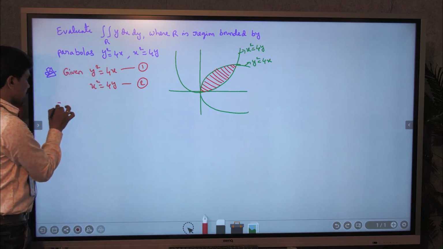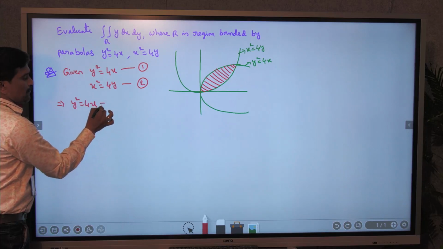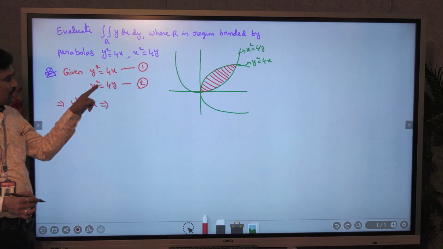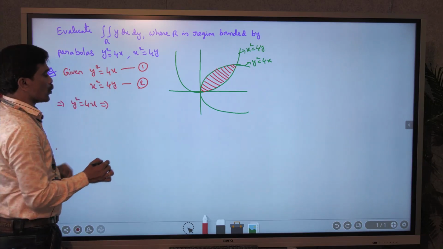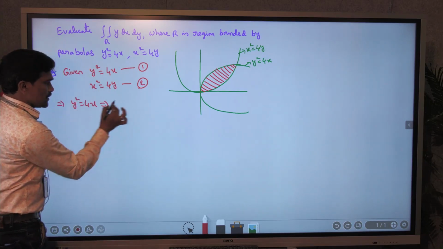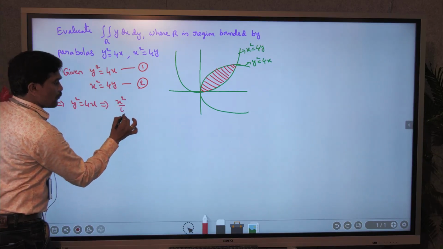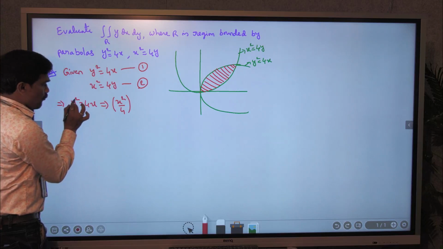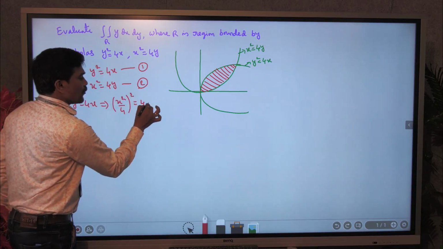So take y square is equal to 4x, right? That implies, from the second equation, y is x square by 4. So now substitute y as x square by 4 in this. So x square by 4 whole square is equal to 4x.